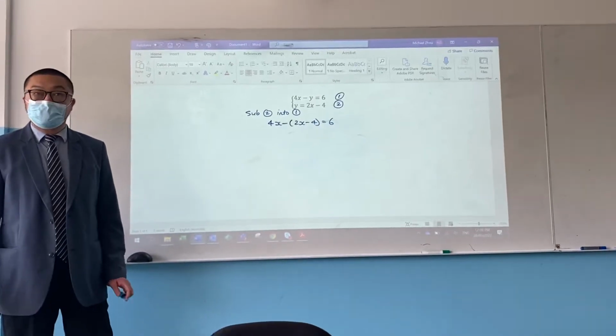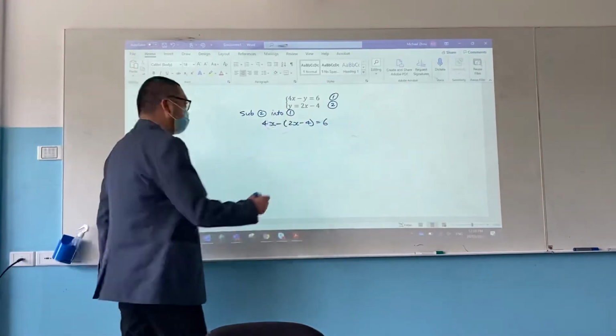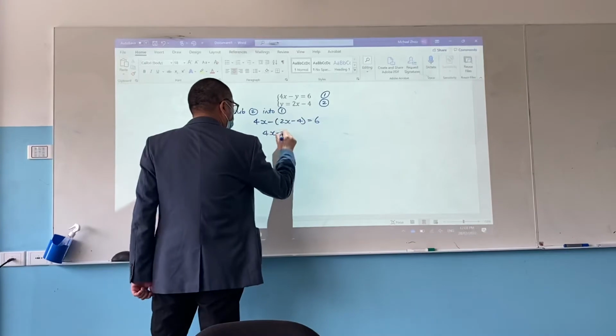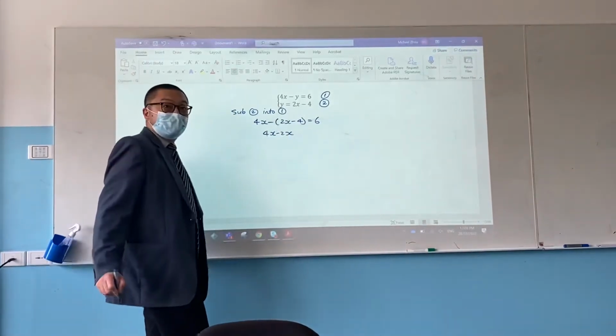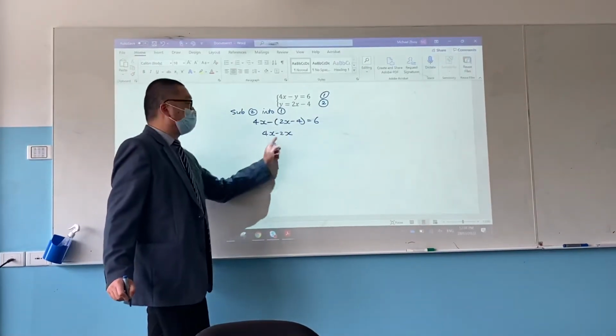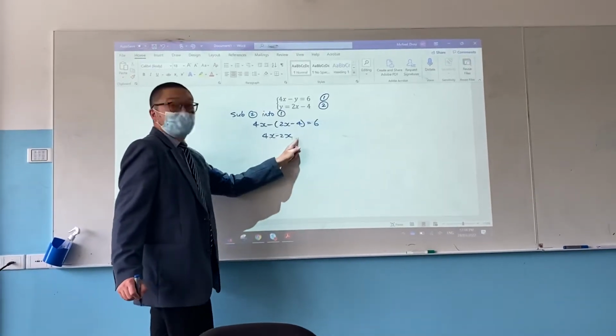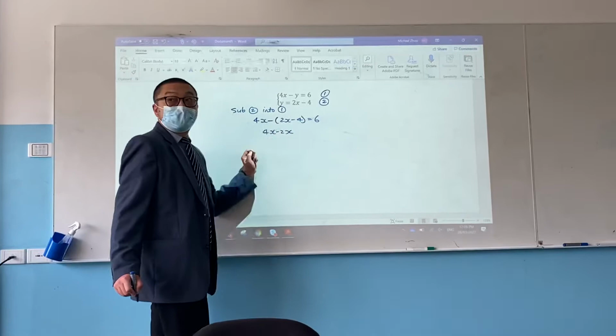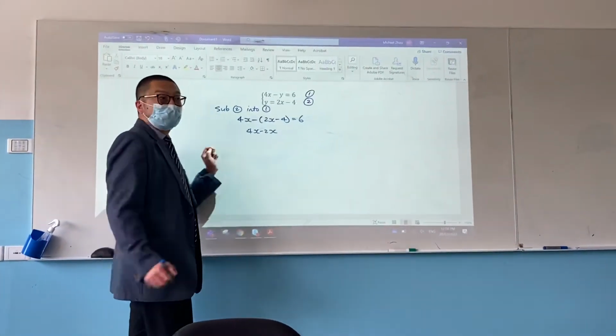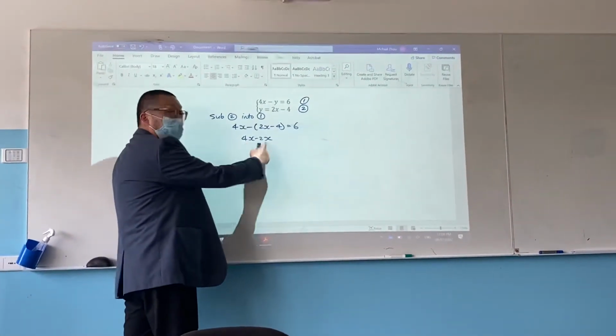Is that okay? The rest, pretty easy. 4x minus 2x. Somebody tell me. No, sorry, I haven't finished. 4x minus 2x. What do I write here? Equals 6. How do I open the bracket?